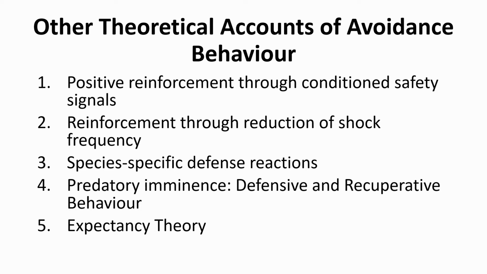Another factor to consider would be species-specific defense reactions, which are basically innate or naturally occurring responses to particular aversive stimuli that occur because they have evolved to occur. So an example of this would be that a species-specific defense reaction, say for a rat, when shocked would be to run. So their natural response to receiving a foot shock would be to run away from that shock.